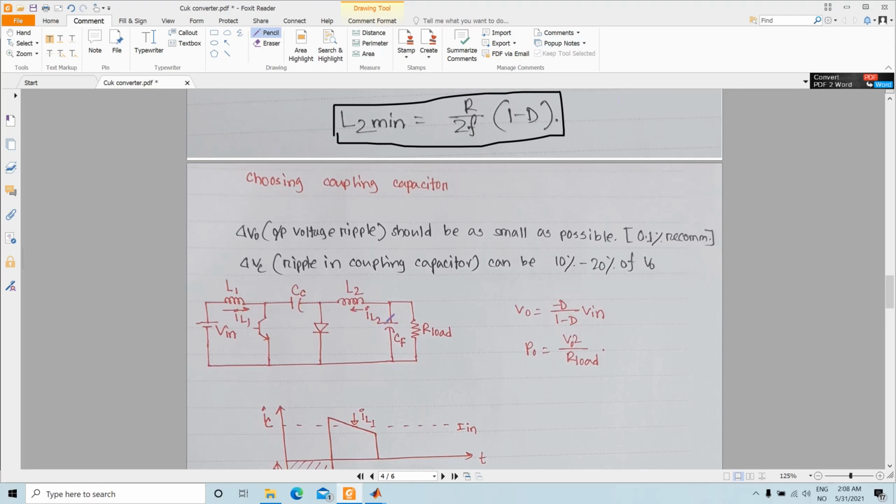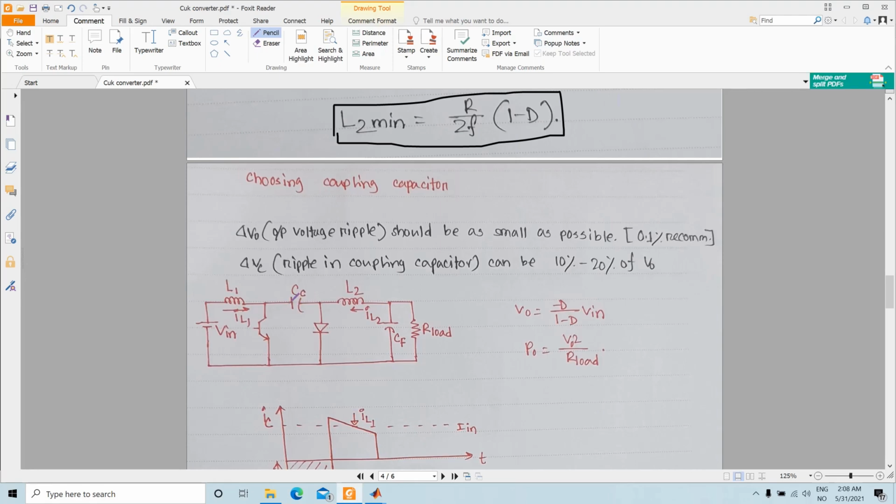Now for the output voltage ripple, normally that is kept at a very minimum level, typically 0.1%, or in some cases it can be 1%, so it's very small. Whereas there is no definite requirement that it should be very small here.